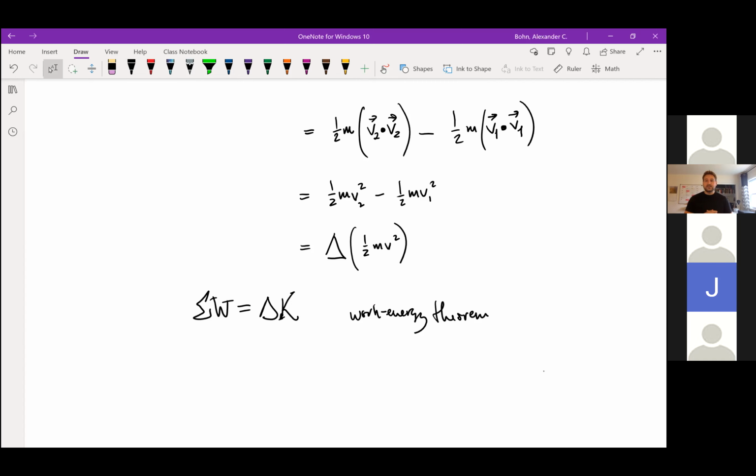How do we use this thing, this path integral? I'll give you an example.